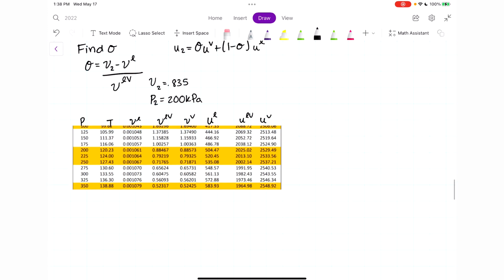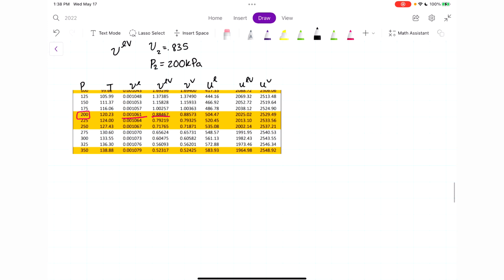Great. So we look for where it says 200 kilopascals in our table. In order to find quality, we need this value and this value. So we plug that into our formula: quality is equal to specific volume minus specific volume of the liquid, divided by the specific volume of the liquid vapor.